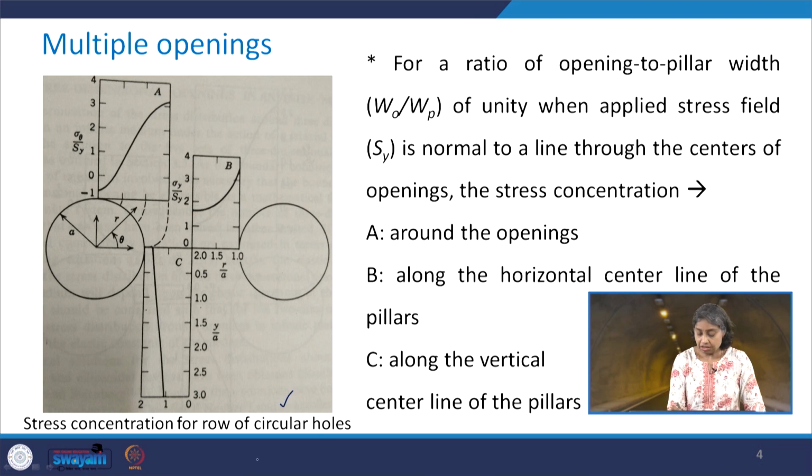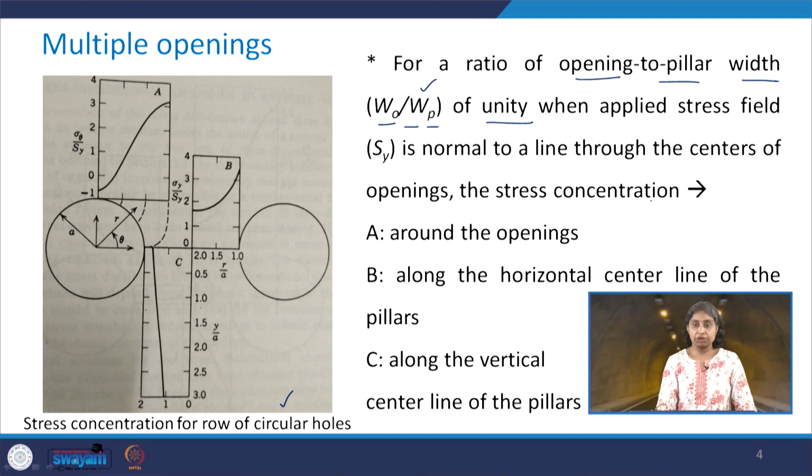In this case, the opening to pillar width ratio is considered to be unity, that is WO by WP is equal to unity, when the applied stress field SY is normal to a line through the centers of the openings.